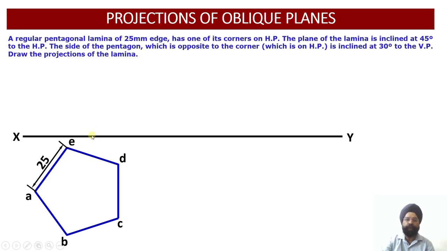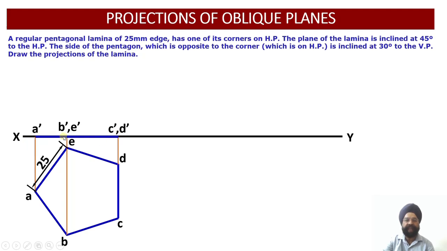Step number 2, we are going to draw the edge view of this lamina. Since one of the corners of this lamina is contained by the horizontal plane, once this lamina is parallel to HP, this will be contained by HP. Just see, the projectors through A will be projected onto the vertical plane. Similarly, projectors through B and E, and through C and D, are also projected onto the vertical plane.